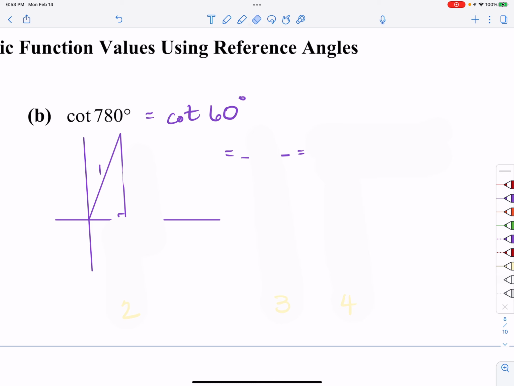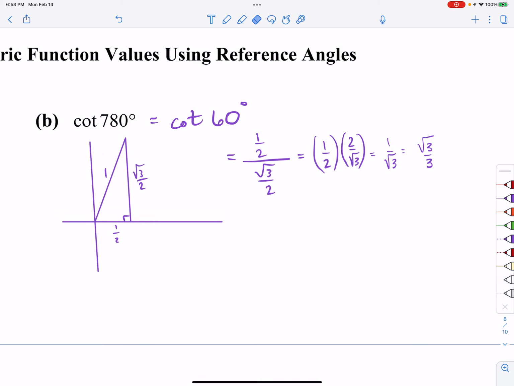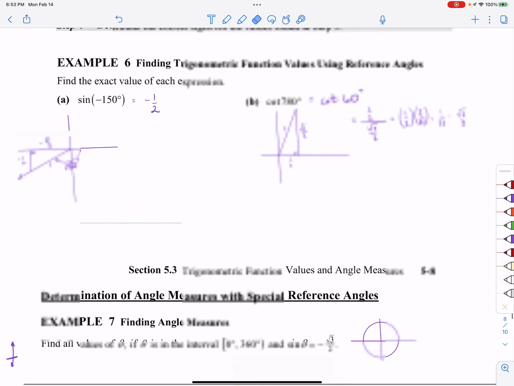Again, this is a 30, 60, 90 triangle, so you have a long leg and a short leg. Both of them are positive because they're in the first quadrant. Now, cotangent, remember, is not opposite over adjacent, but it's adjacent over opposite. So we're going to have 1/2 divided by √3 over 2, and we will multiply by the reciprocal and then rationalize the denominator to get √3 over 3.